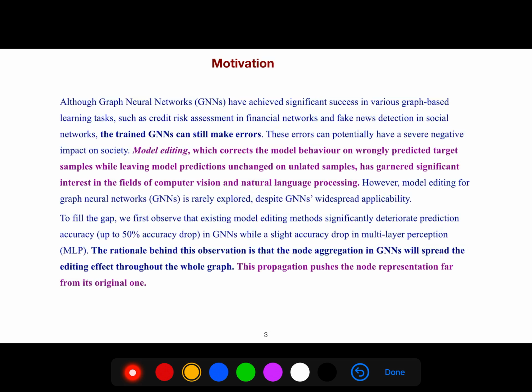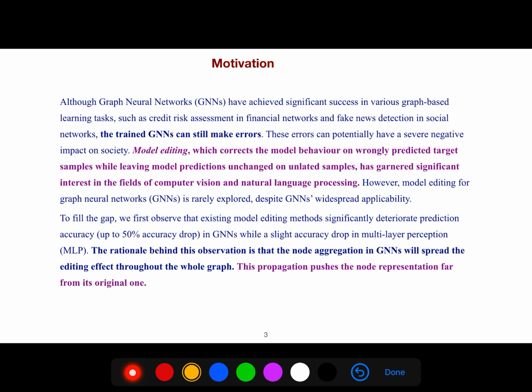Model editing, which corrects the model behavior on wrongly predicted target samples while leaving model predictions unchanged on unrelated samples, has garnered significant interest in the field of computer vision and natural language processing.